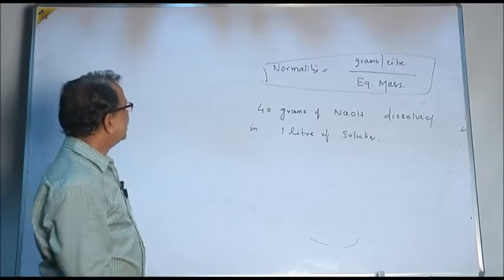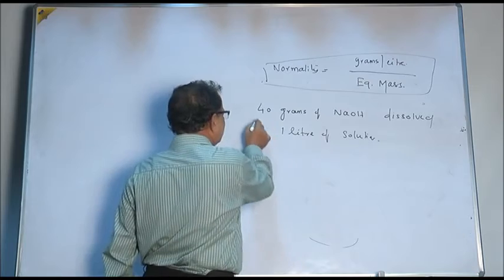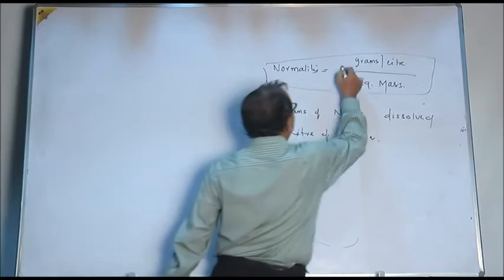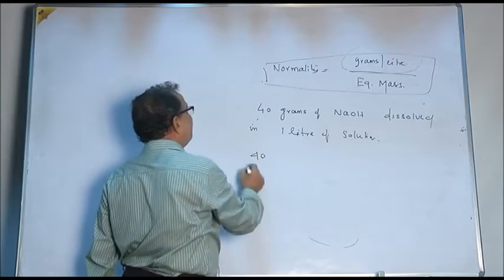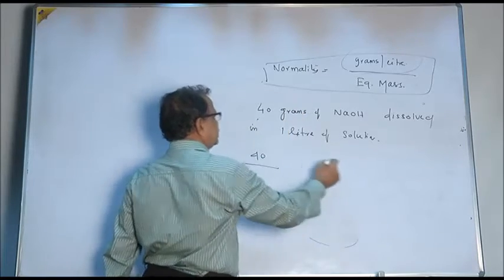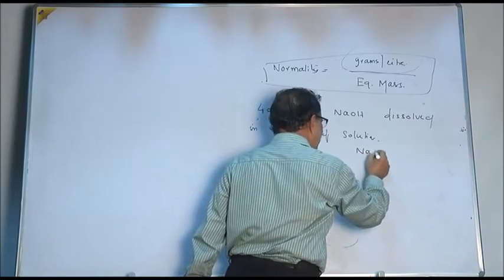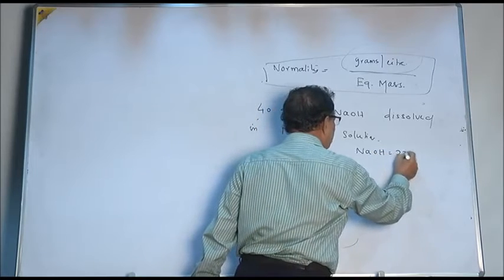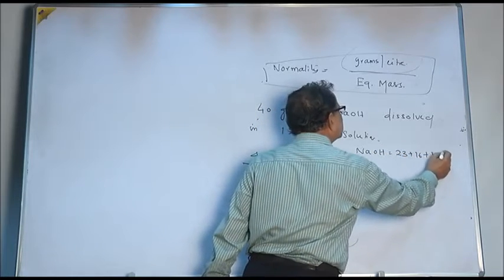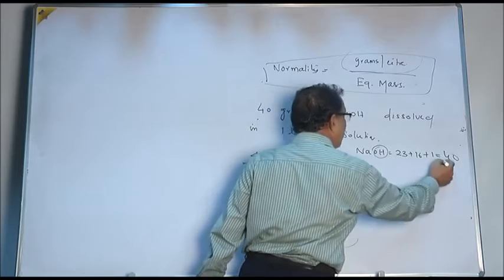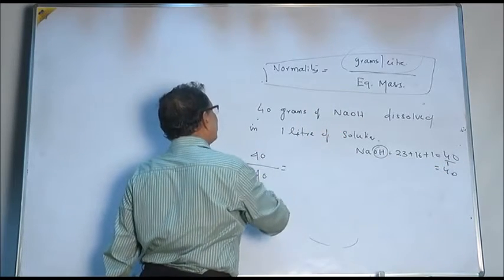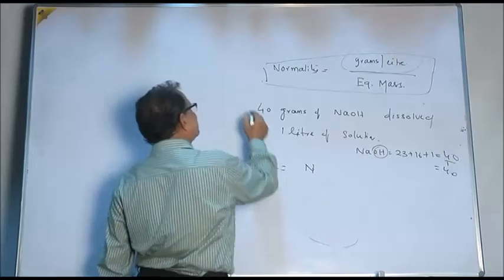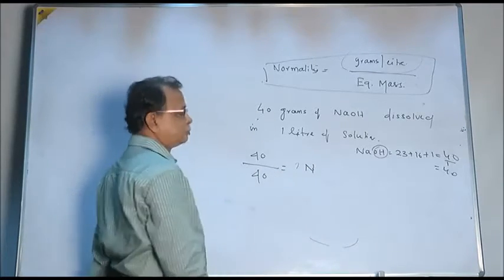Grams per liter: 40 grams dissolved in 1 liter, so the value is 40, divided by the equivalent mass of NaOH. Equivalent mass is 23 plus 16 plus 1, that is 40. So 40 by 40 is equal to 1N. So the solution is 1N.